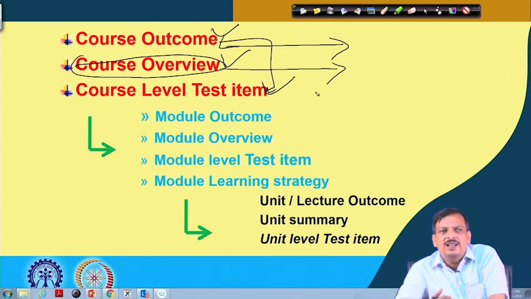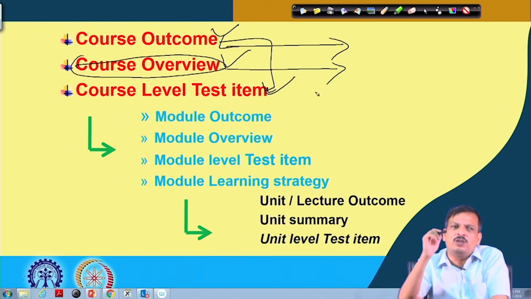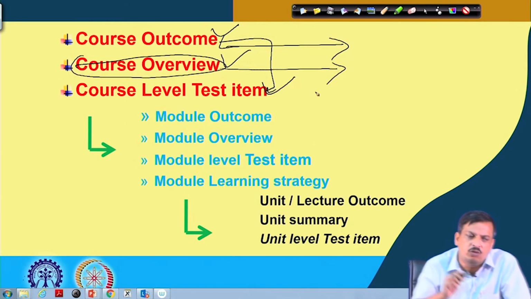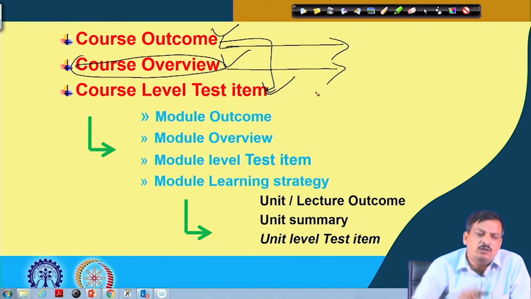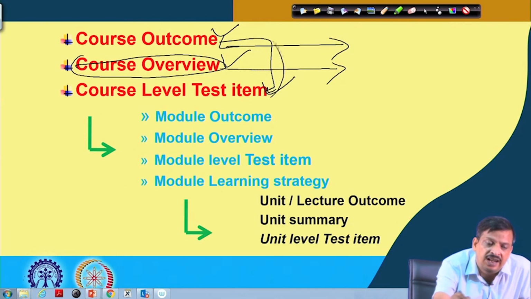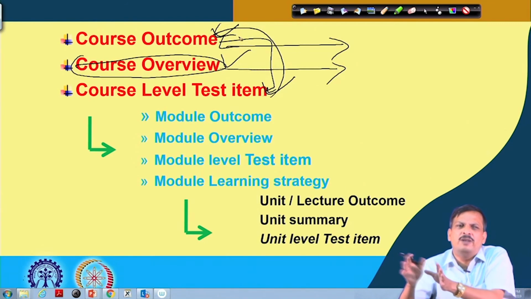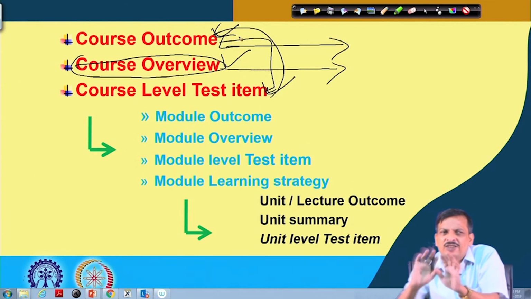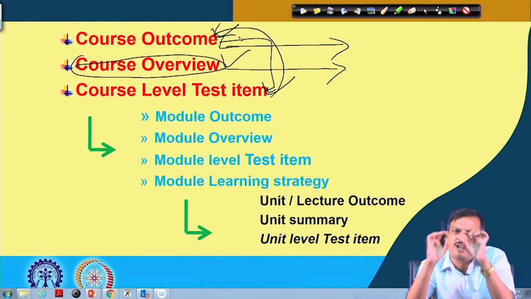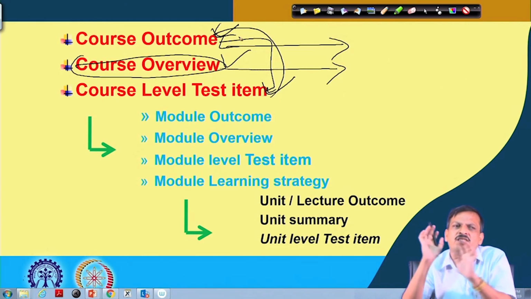Not only what topics you cover in the subject is important, but it has to motivate the students. How you motivate the students about the course is course overview also. Then course level test item related to the outcome. It is not that the student will never be able to solve this, so make it very easy, not that. If your outcome is tough, the test item also will be tough.